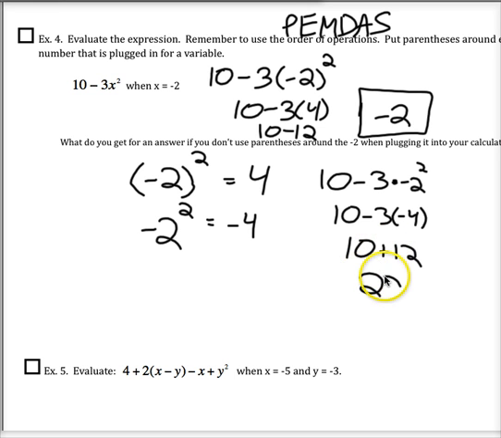So the incorrect answer, you would end up all the way up at 22. Huge difference, just because you didn't put the parentheses like you should have right here. Okay? So whenever you're substituting numbers in, always put your parentheses. All right?